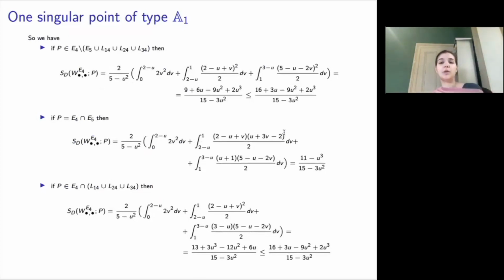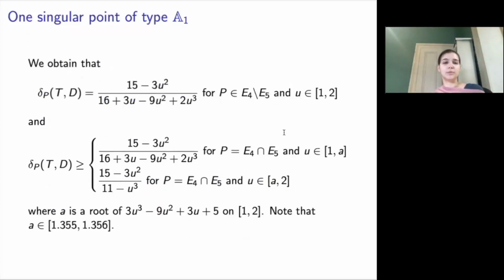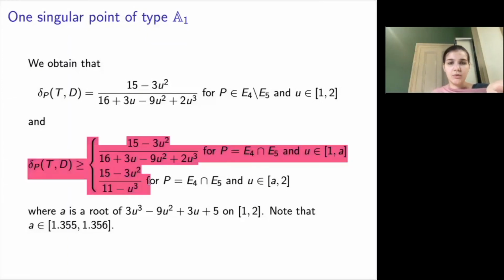But after we choose a minimum for each interval, we can see that the local delta for this pair will be greater than or equal to this function for any point. So we can see that delta will be greater than or equal to some function of u, where u belongs to the interval [1, 2].